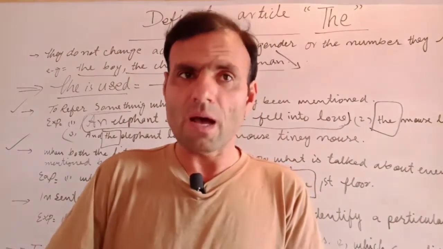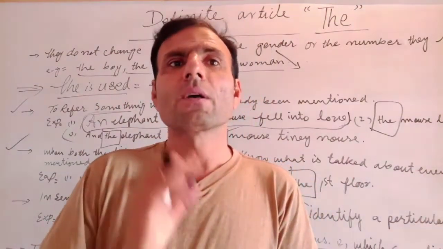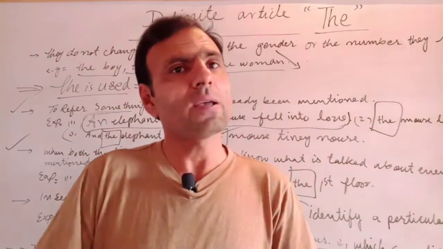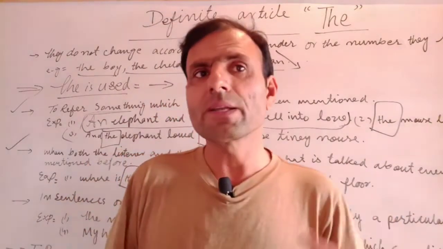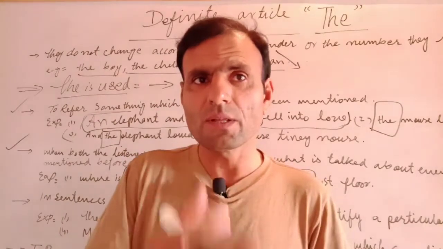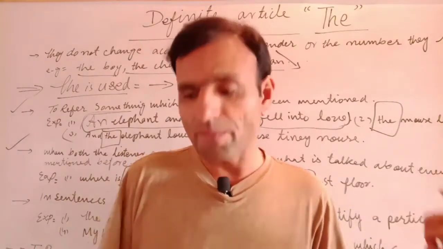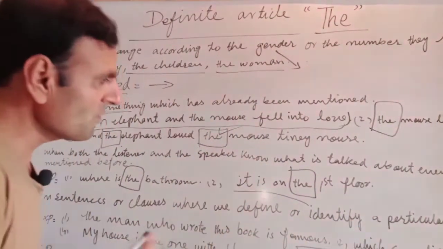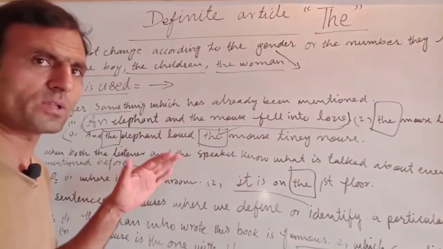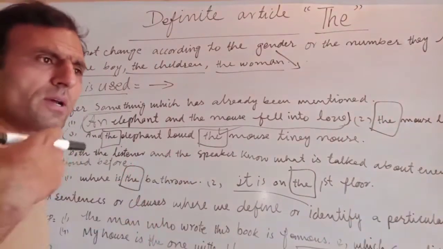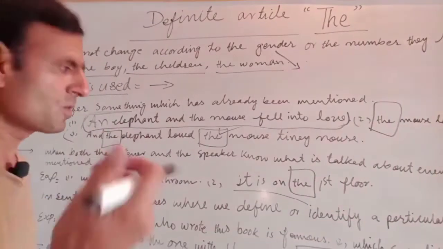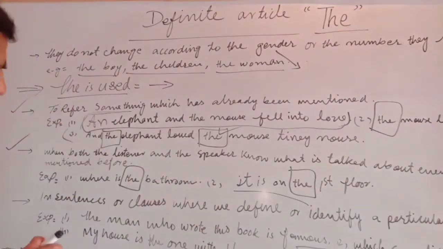So as both of them know about the bathroom, that's why we use "the," the definite article, with the bathroom. We used it without mentioning the bathroom before, because the speaker and the listener both know. That's why. Okay?